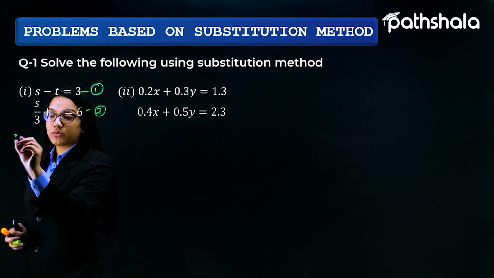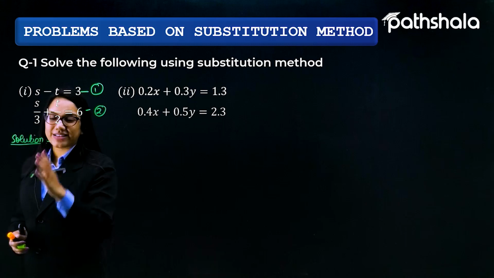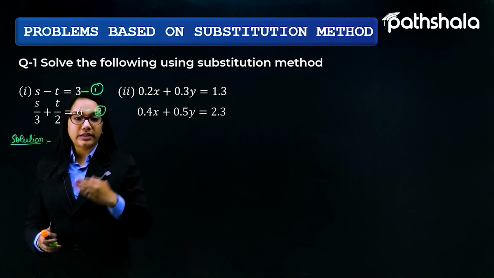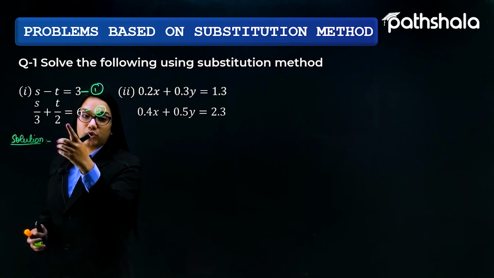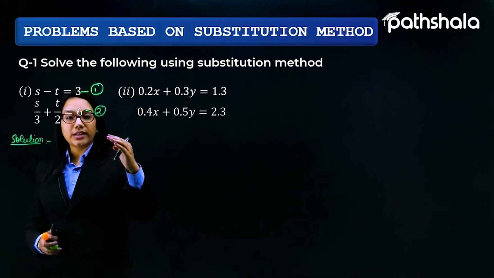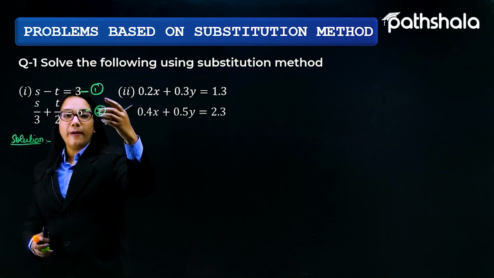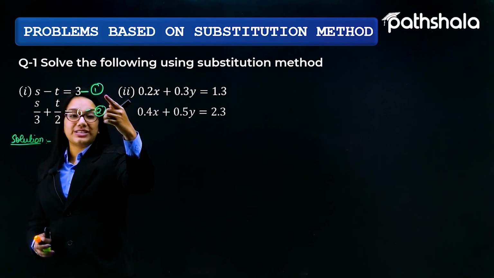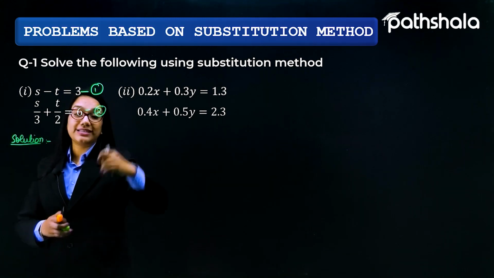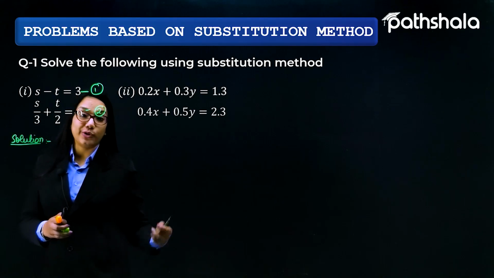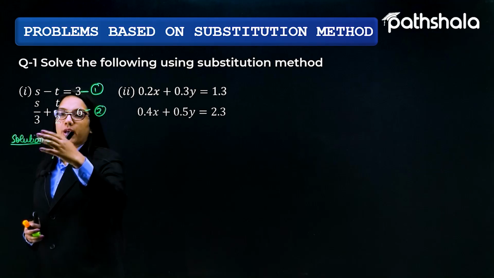So if I'm starting the solution for the very first part, we have to either express s in terms of t or t in terms of s, because we have the variables s and t. Rather than taking equation number 2 first, I'm taking equation number 1. Why so? Because equation number 1 is the simplest one, whereas equation number 2 has the form p by q and p by q.